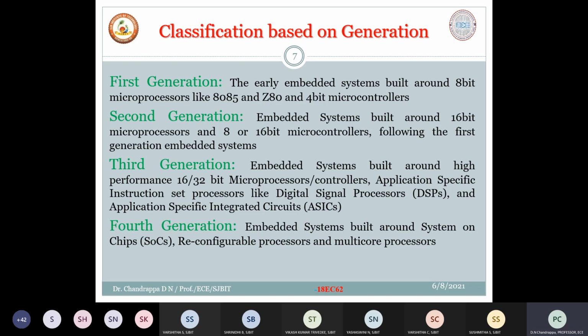But during that time, mainly microprocessors were utilized. The Z80 and 8085 were very popular in the market, used in toys and all kinds of real-time applications, because the 8085 is one of the very fundamental microprocessors.